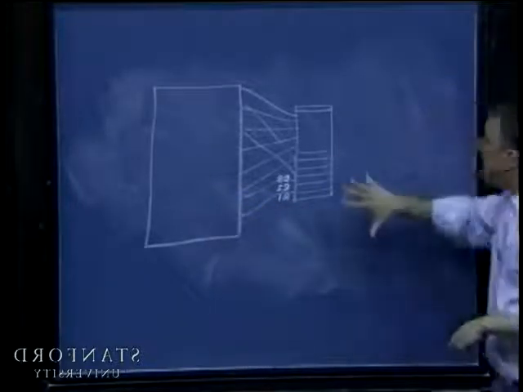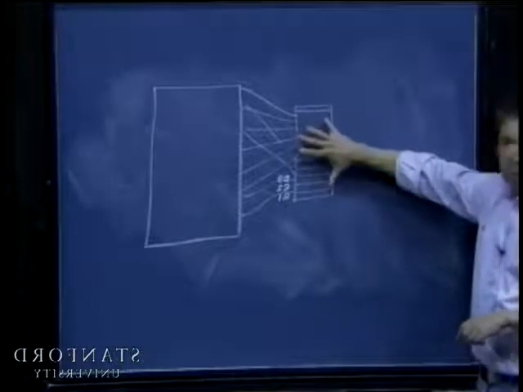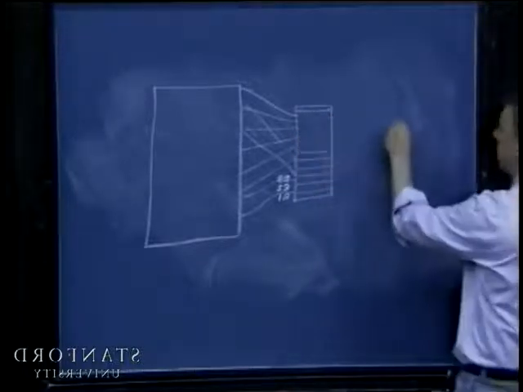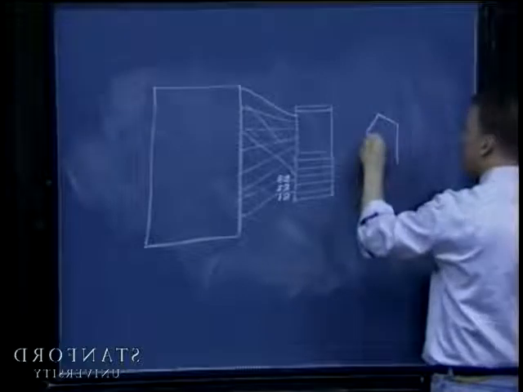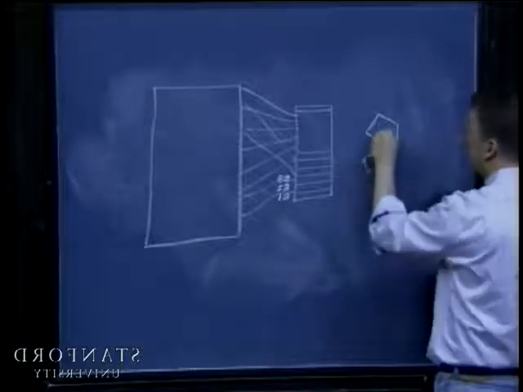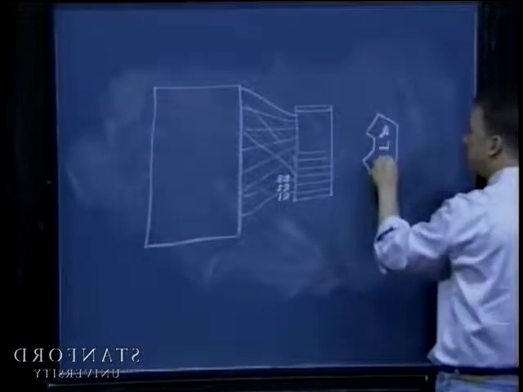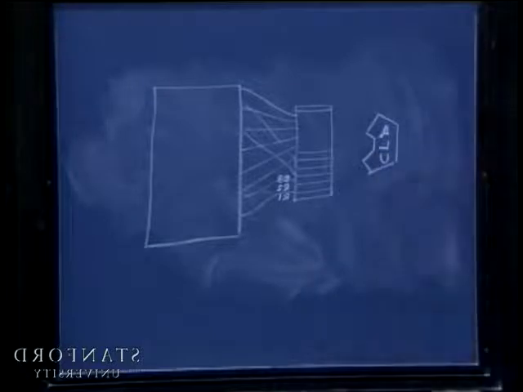The 16 or the 32 registers right here are also electronically in touch with what's called the arithmetic logic unit, or the ALU. It's always drawn this way, I'm not really sure why. That is the piece of electronics that's responsible for emulating what we understand to be addition and multiplication and left shifting and right shifting of bits and masking and all the things that can be done very easily on 4-byte figures.